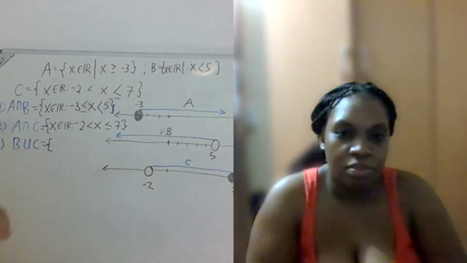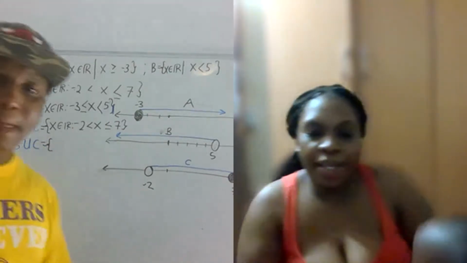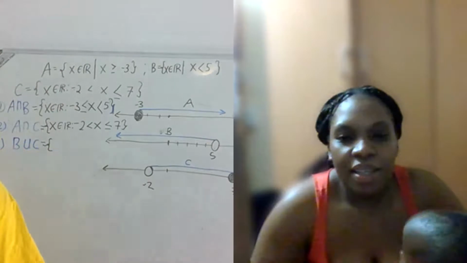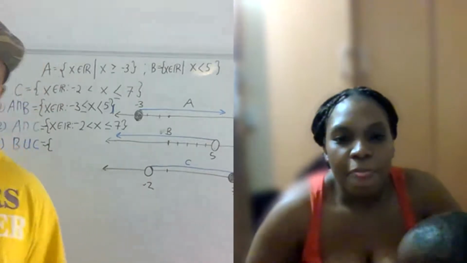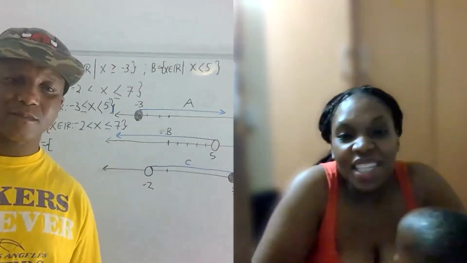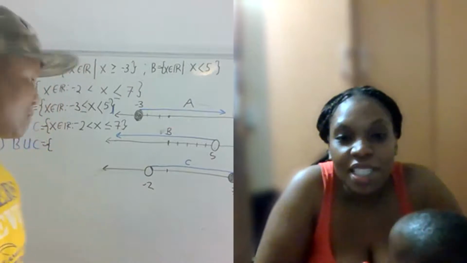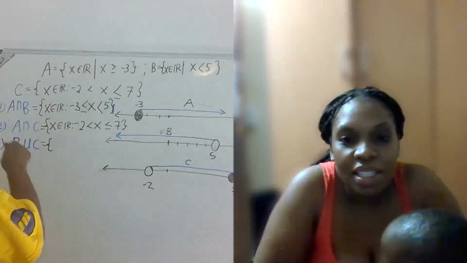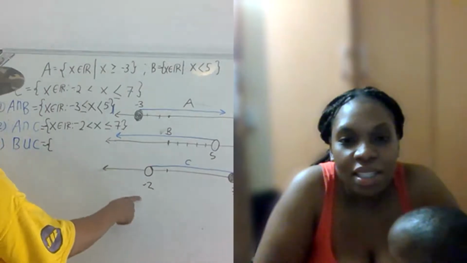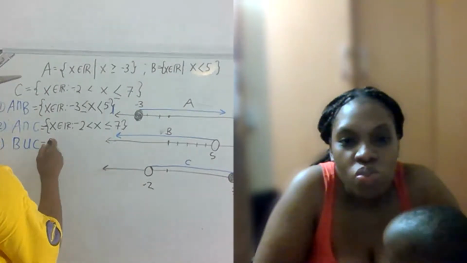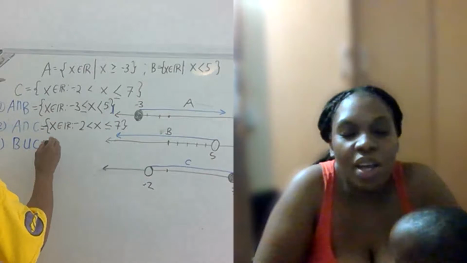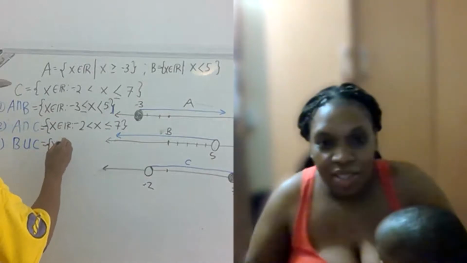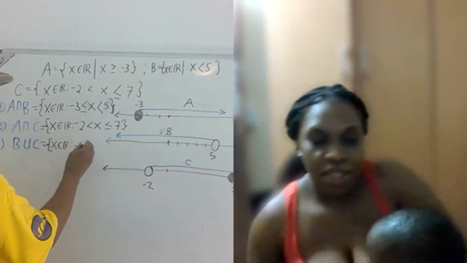B and C. Negative infinity, so we go all the way. B and C. Negative infinity, you must start writing something here. X, an element of real numbers, starting from negative infinity.